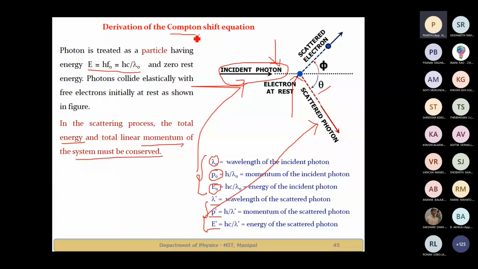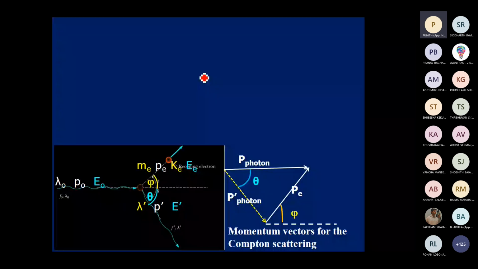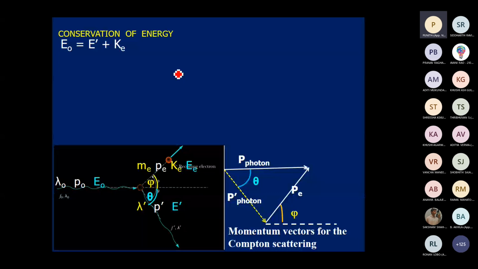As mentioned in the last class, first we start with conservation of energy. The incoming photon energy E naught is transferred in two parts: the kinetic energy of the electron, and the remaining scattered energy of the photon, E dash.